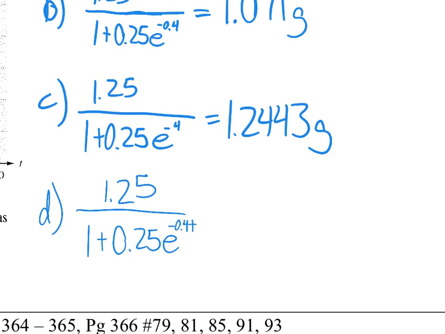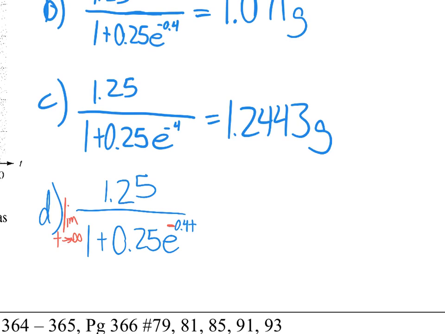What's that going to approach as t approaches infinity? e to the negative 0.4 t is going to approach 0, because this is a negative exponent, so it's going to be 1 over e to the infinity power.